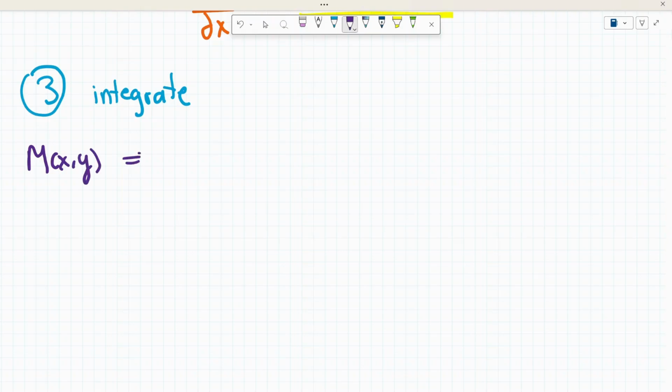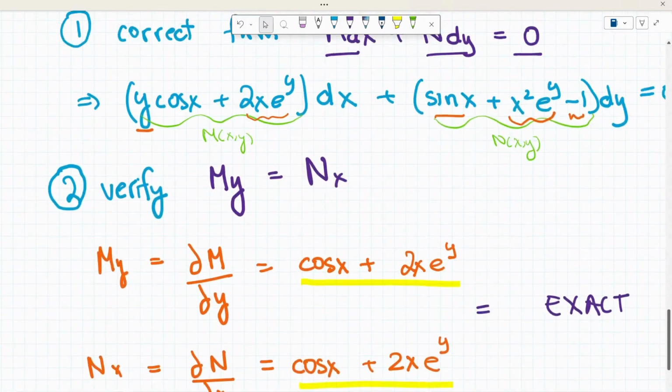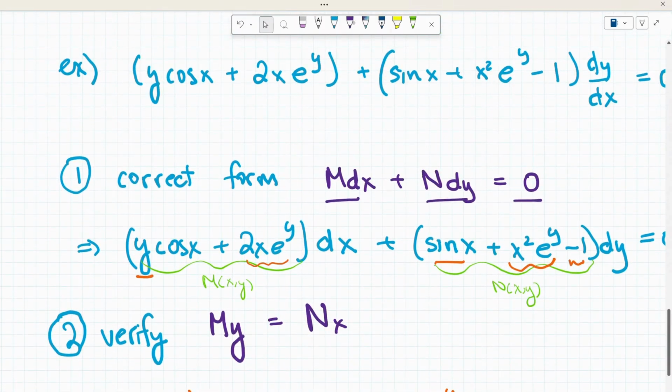We're going to take the integral of y cos x plus 2x e to the y, and remember that we're integrating here with respect to x, because in our original function we had this as M dx.